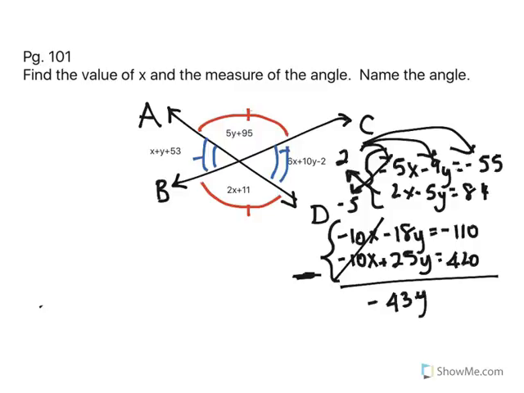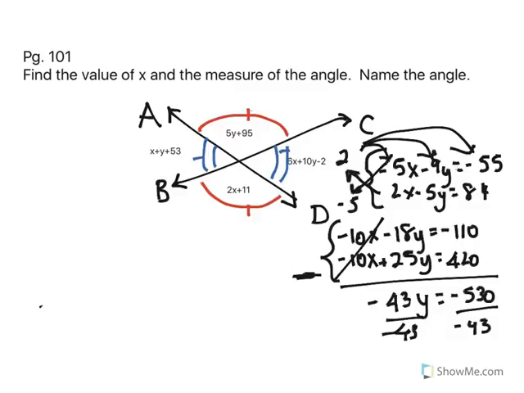So let's plug this y equals 5 back into one of the original equations. Let's plug it into 5y, no, that one has bigger numbers. Let's plug it into x plus y plus 53 equals 6x plus 10y minus 2.